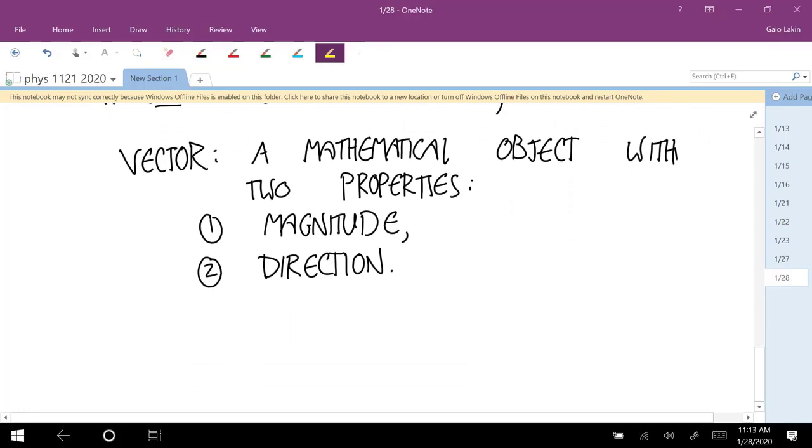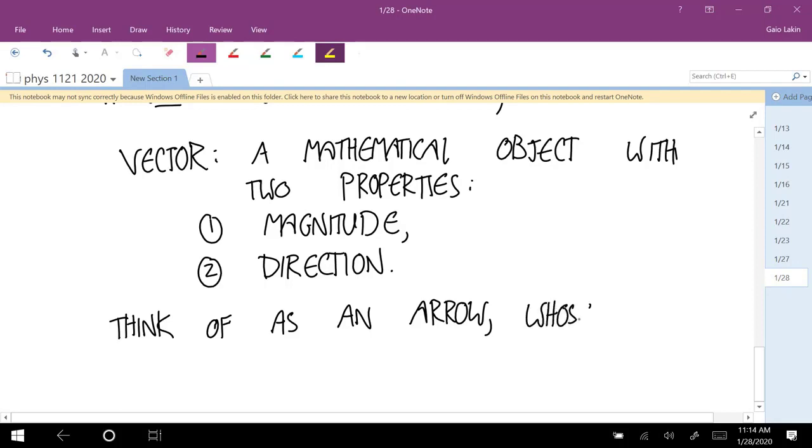You can think of that as an arrow whose magnitude is given by the arrow length.